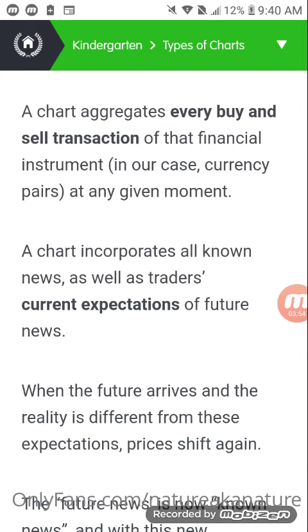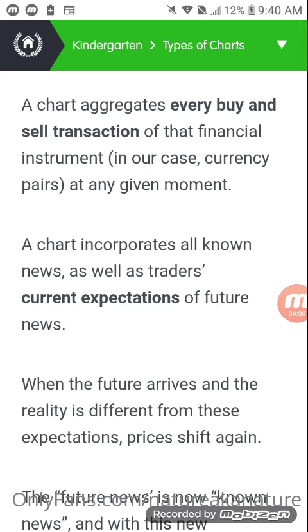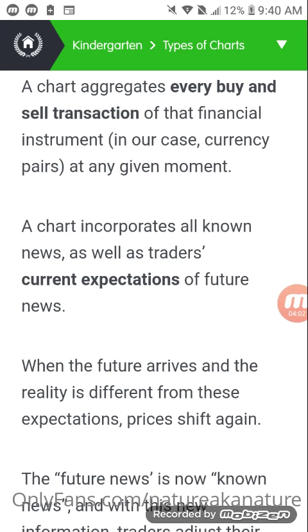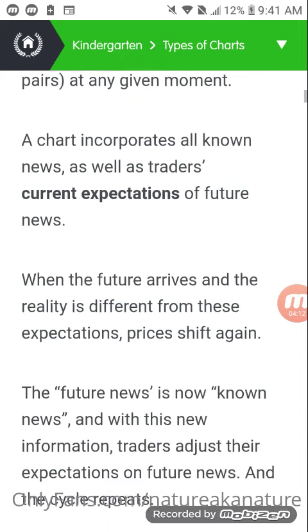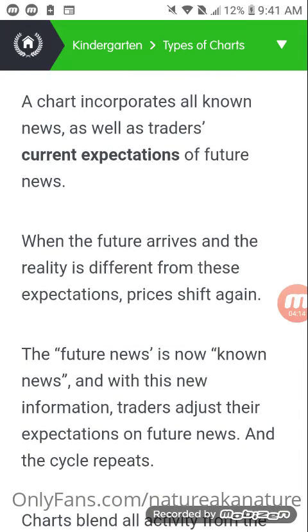It aggregates every buy and sell transaction and records everything of that currency pair at that given moment. A chart incorporates all known news as well as traders' current expectations, and the future news is all in the chart. So when the future arrives and reality is different from these expectations, price shifts again.